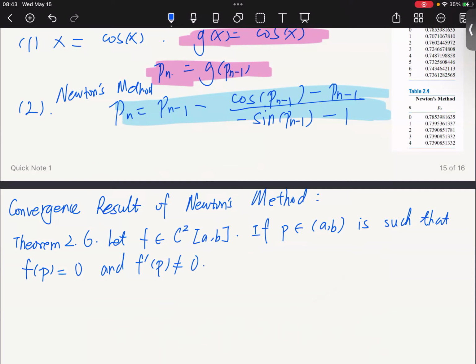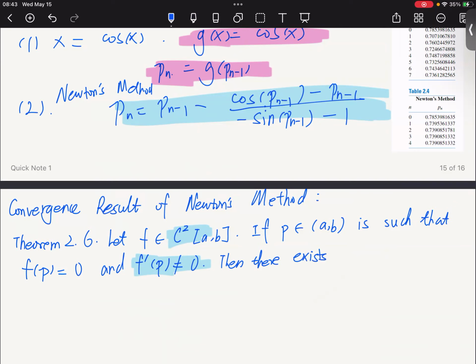This is all the assumptions on f. f is C2, the continuity here, and we assume that this is the root, and the derivative at the root is not equal to 0. This is all the assumptions, just C2 and the derivative does not equal 0. And then there is this.